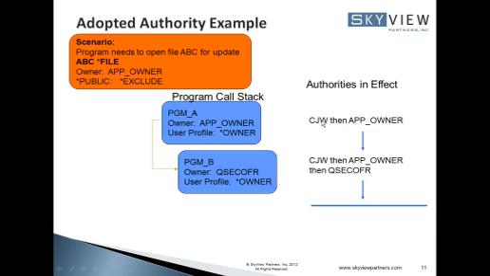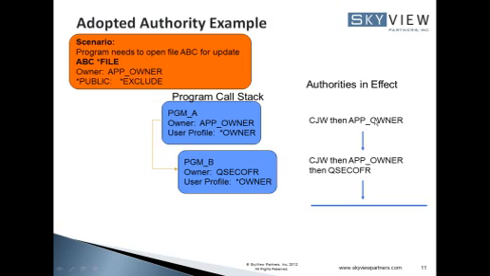But she doesn't have any authority in this case, and it is public exclude. So normally she would be getting a not authorized message when she tries to do this update. But since the program is configured to adopt authority, she has at her disposal the authority that this application owner profile has to the file.